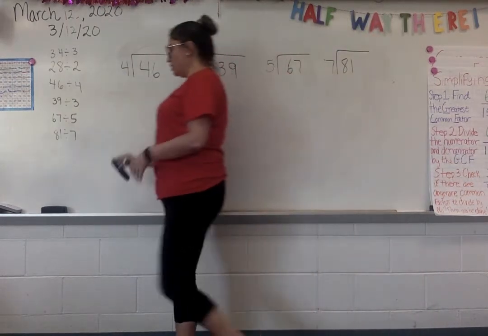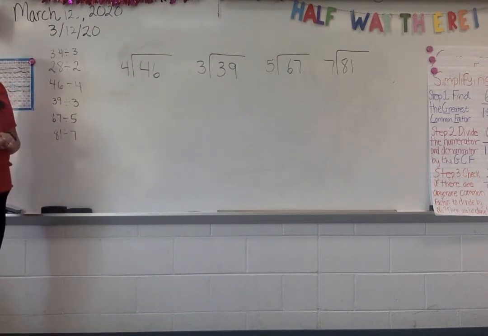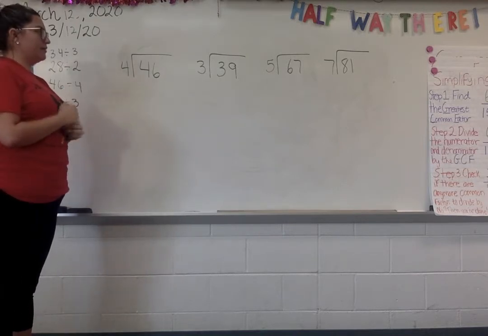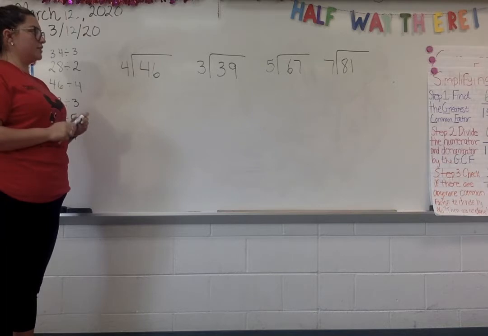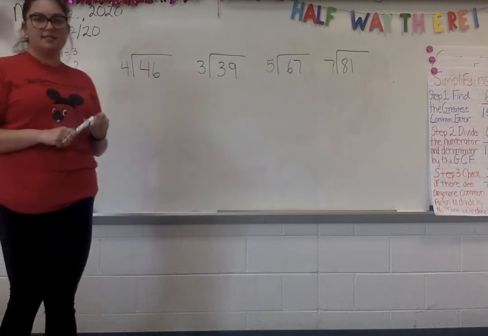So again, let me read them to you so you guys can get started. It's 46 divided by 4, 39 divided by 3, 67 divided by 5, and 81 divided by 7.